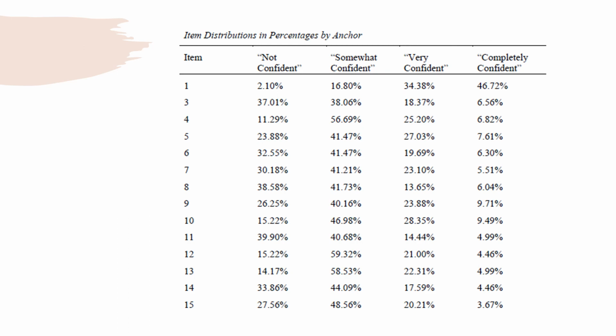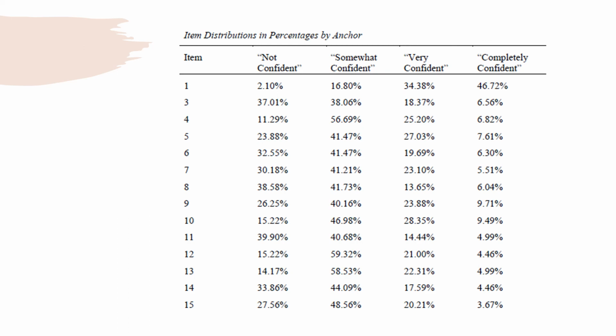Here you can see the item distributions, percentages by each of the anchors that I had. So if you see some of the items, you can see how they spread across. To have sensitivity, you do want to see that you have respondents in each of the different columns and that you don't want a majority of the people to cluster in one specific area.